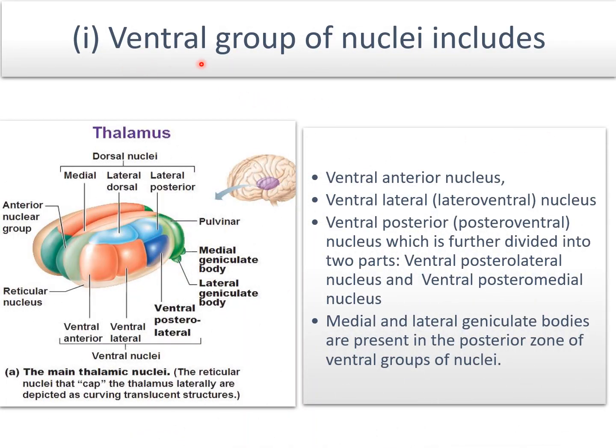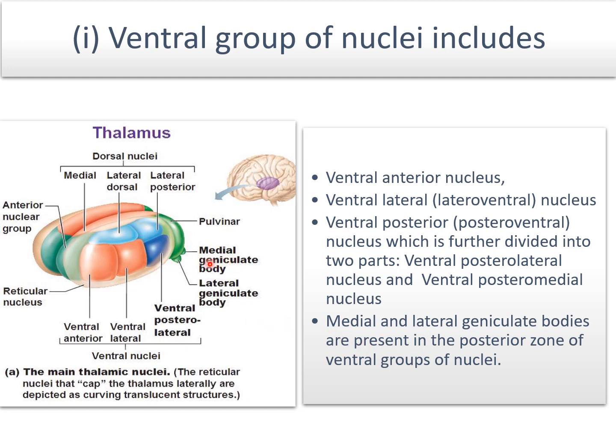So first of all, the ventral group of nuclei includes the ventral anterior nucleus, then the ventral lateral nucleus, then the ventral posterior or posteroventral nucleus, which is further divided into two parts: the ventral posterolateral nucleus and the ventral posteromedial nucleus.